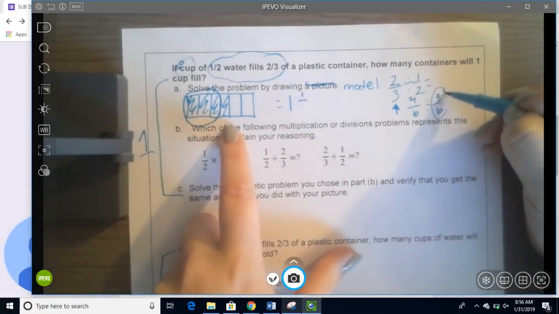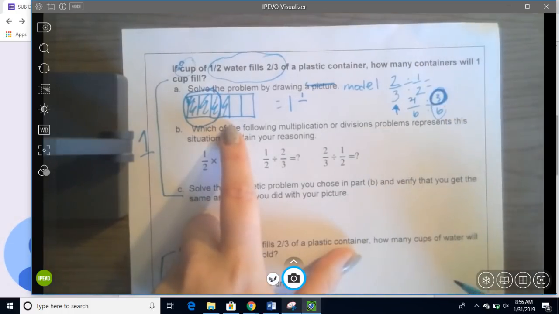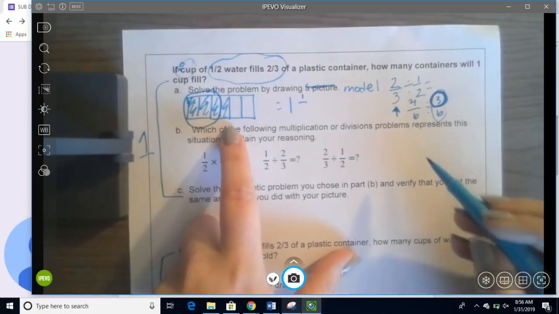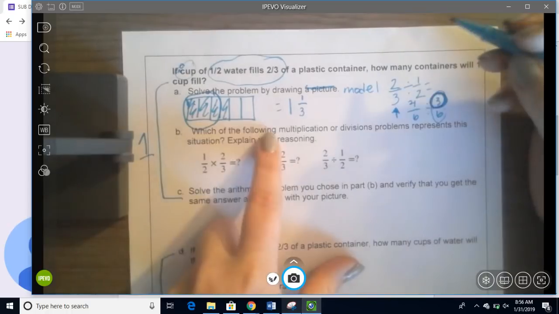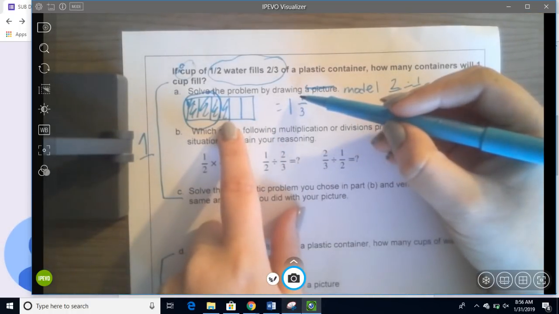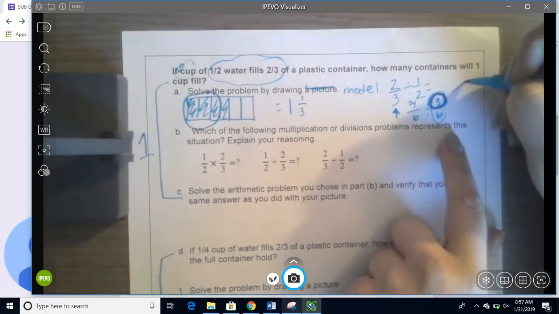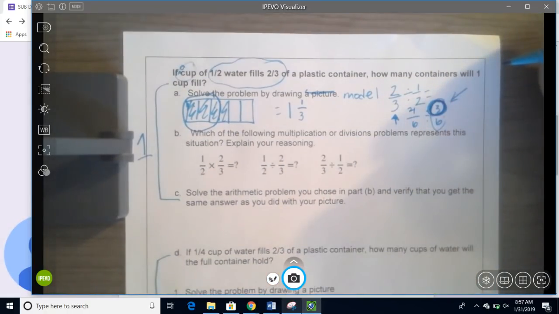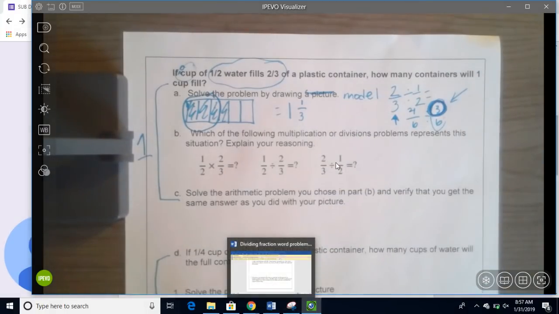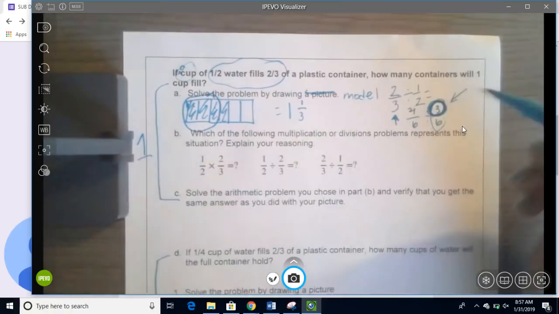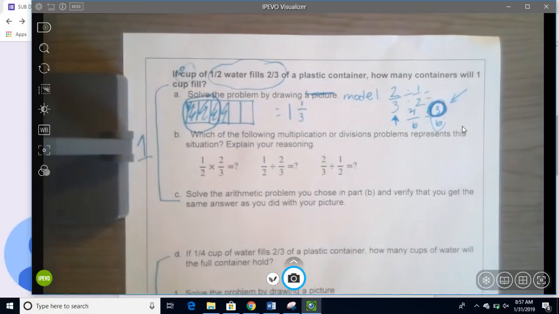Whatever is on the numerator of the second fraction we are trying to solve goes on the denominator, okay? So there's 1 part left, so there's only 1 of the parts we are trying to find. So there's 1 and 1/3 cup that can fit here.